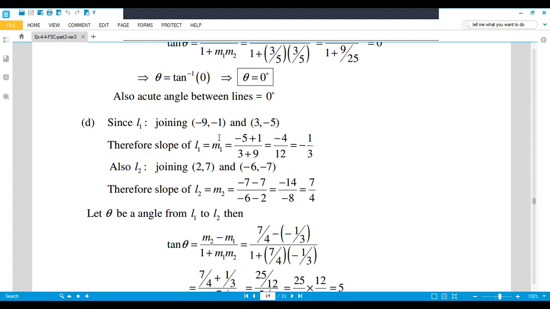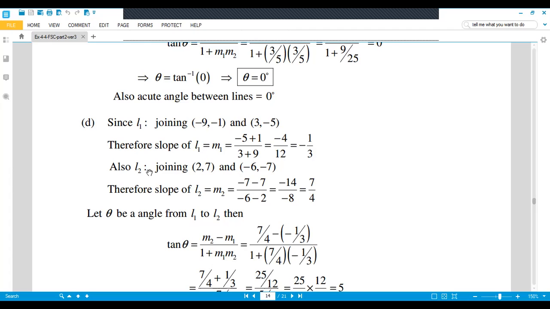So here y2 is -5 and minus y1 is -1, so minus minus plus 1, here we get -4, divided by x2 minus x1. x2 is 3 and x1 is -9, so minus minus plus 9, and we get 12. So 4 over 12, when we cancel with the table of 4, we get 1 over 3. So this is the slope of L1.